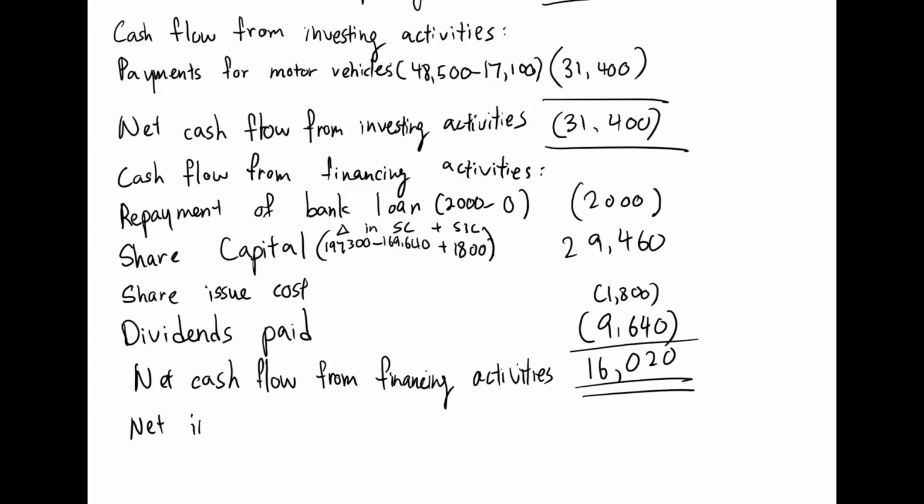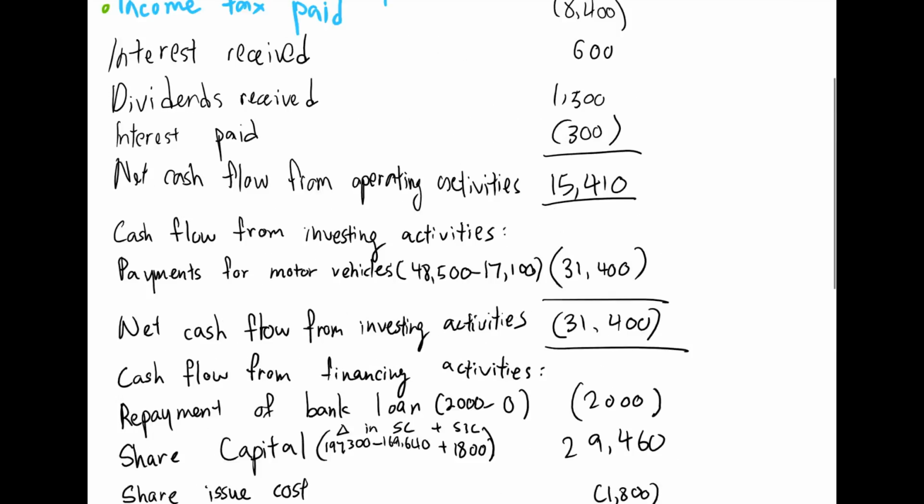And your net increase or decrease in cash held. You need to find out whether there is a net increase or decrease in cash held. So how are you going to do that?